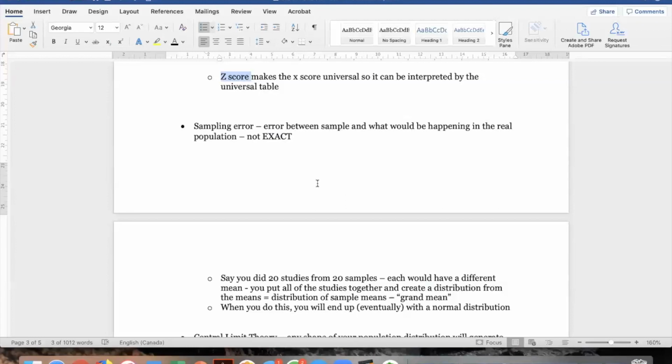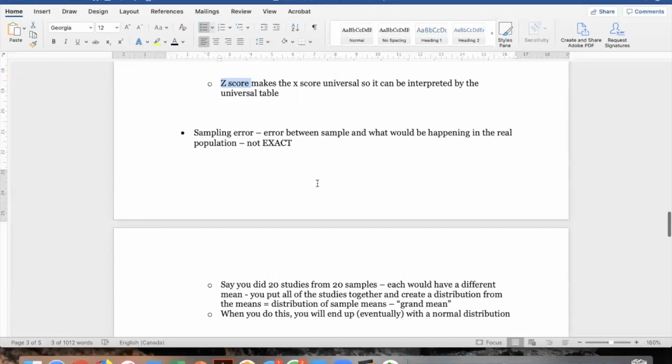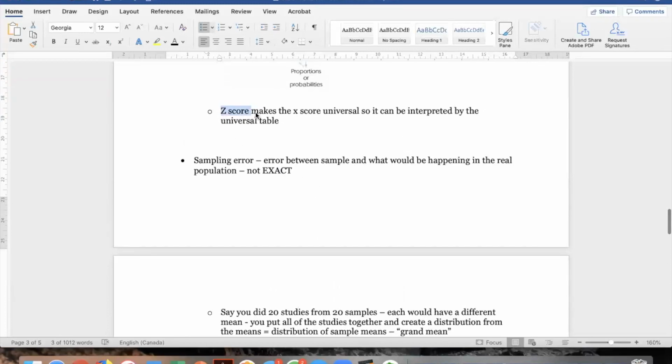How do you get a mean when, for example, one's in millimeters and one's in feet, the other one's in grams, but they're all measuring the same concept, just measured completely differently? That's when you use a z-score. It's a universal score.